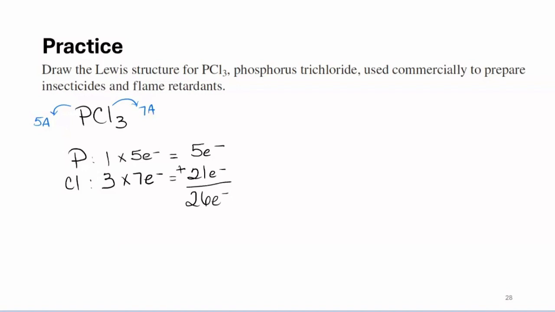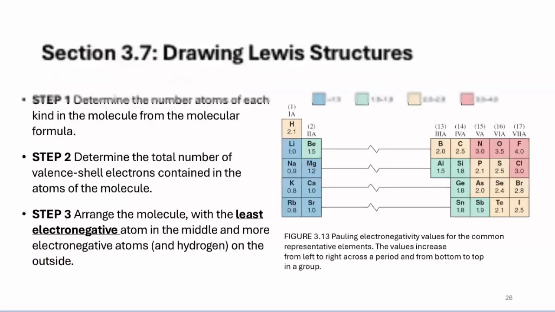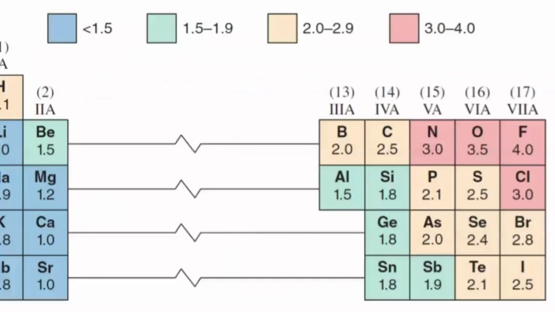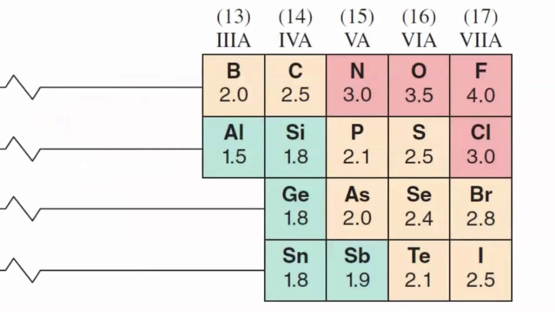Next, I need to determine what is my central atom. And if I go back and I look at the electronegativity, I can see that phosphorus is going to be less electronegative than chlorine.